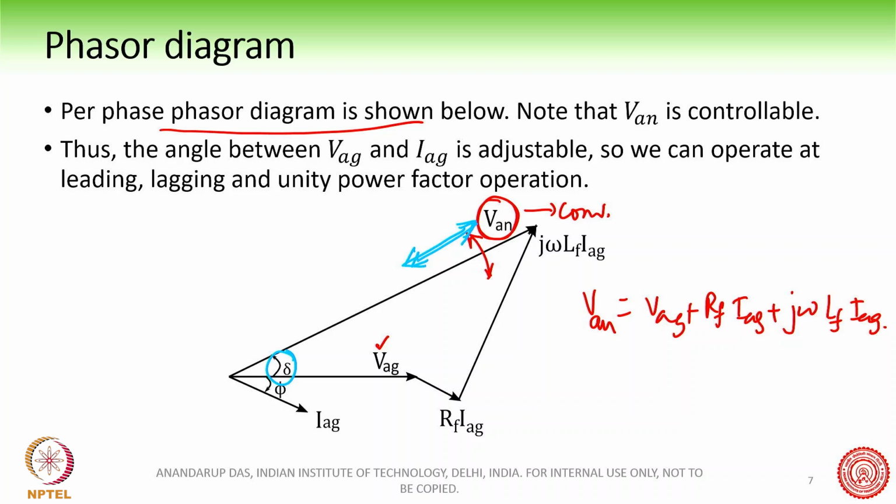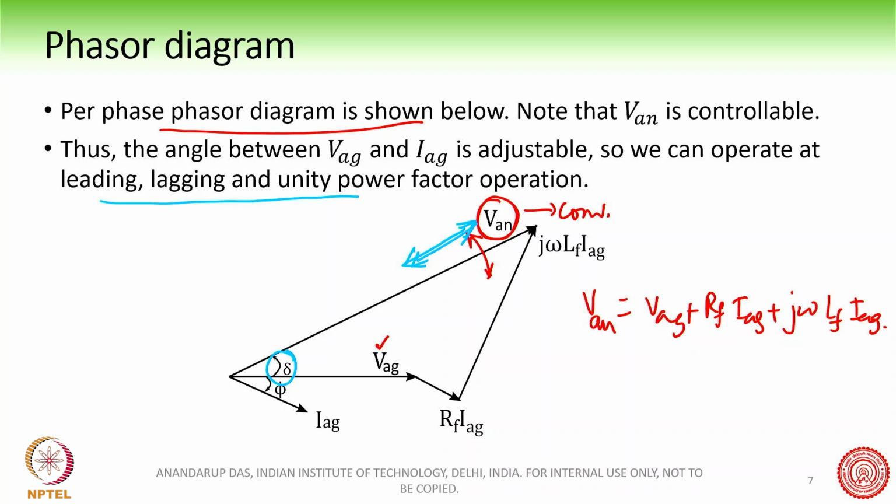The effect of changing VAN is that it will change the amount of P and Q that we are exchanging with the grid. And what does it mean? That the grid will see leading, lagging or unity power factor operation. We'll see this one.